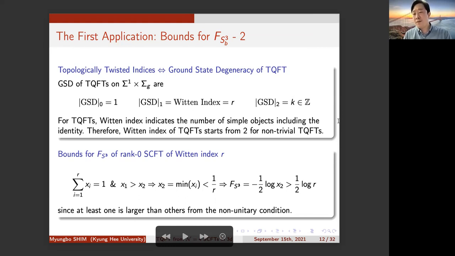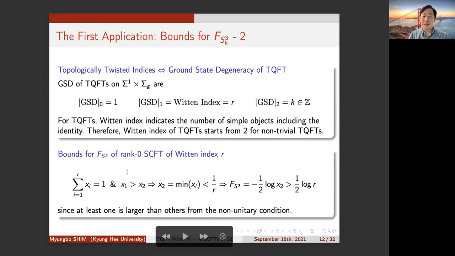It's different for each theory. Considering Witten index 1, this means we have only x1, and this gives a trivial result. So we can start this classification from R equals 2.